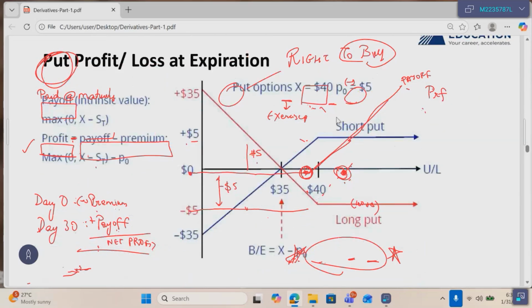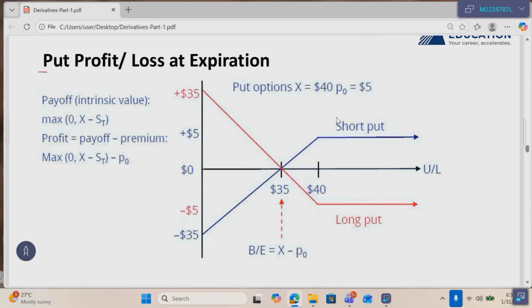same concept, but the answer and the diagram change because I'm now looking at a put. Put is the right to sell. So when I decide to sell something at a price of $40 and I paid $5, this time I want the price to fall below 40 because I will make money only when the price becomes 30, right?